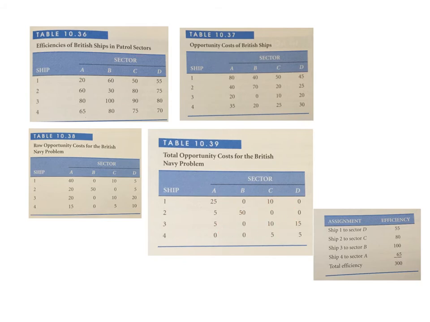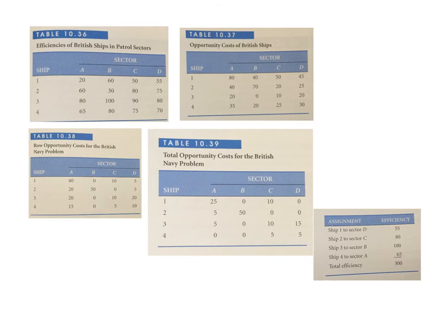What about this? 1, 2, 3, 4. So the minimum number of lines that we can draw is 4, and that equals the number of rows and the number of columns. So this table is now the optimal table.